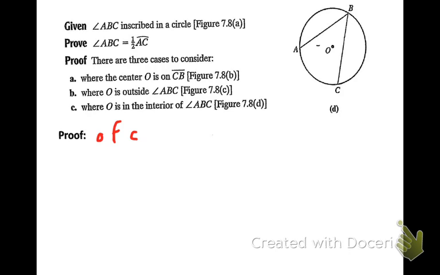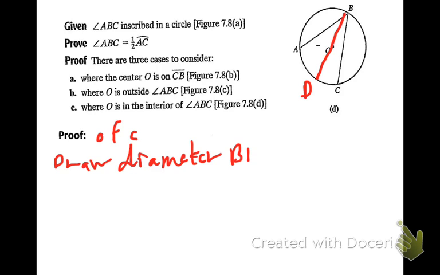So the first step we would do is draw a diameter BD through O to intersect the circle. So we would draw diameter BD. Okay?